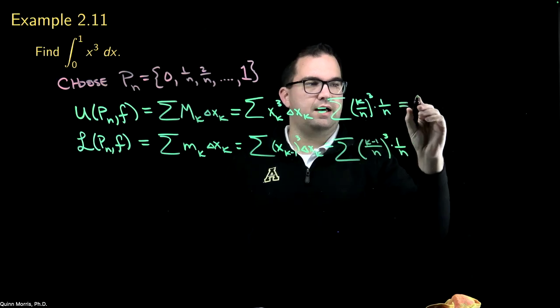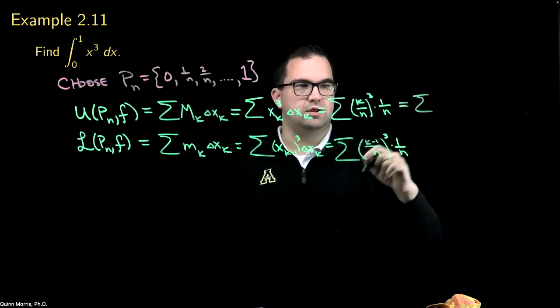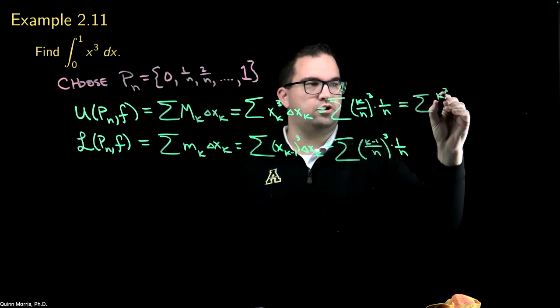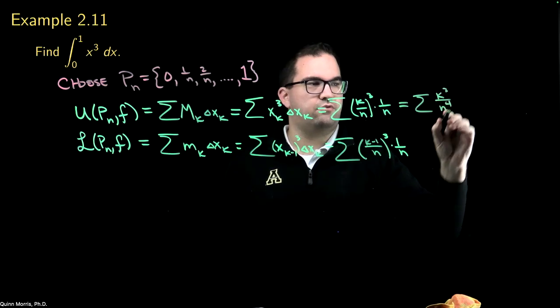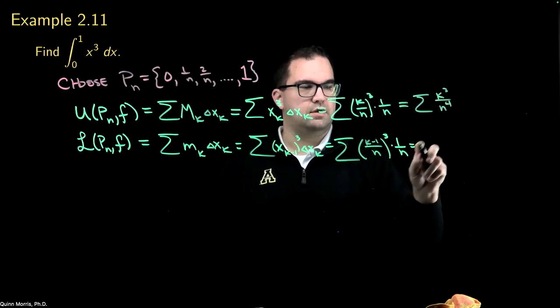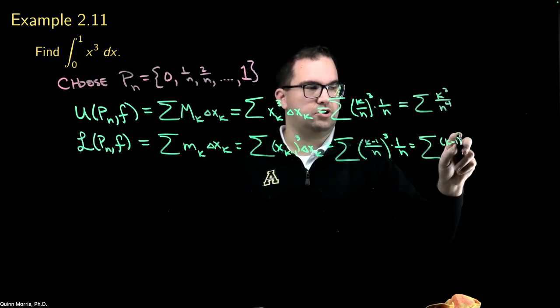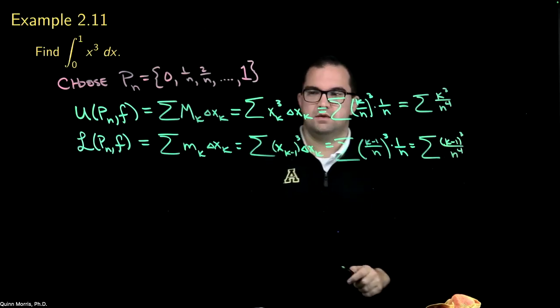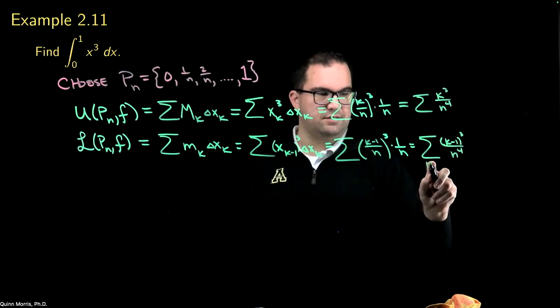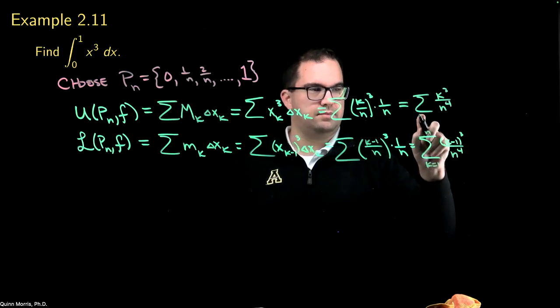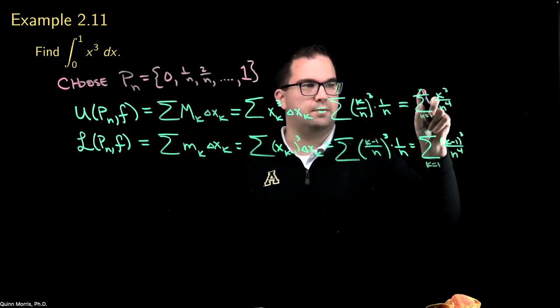And now if I do a little bit of algebra here, I'll get a k cubed over n to the 4th. And here I will get a k minus 1 cubed over n to the 4th. And now this is where I want to bring back the fact these are sums, k equals 1 up to n.